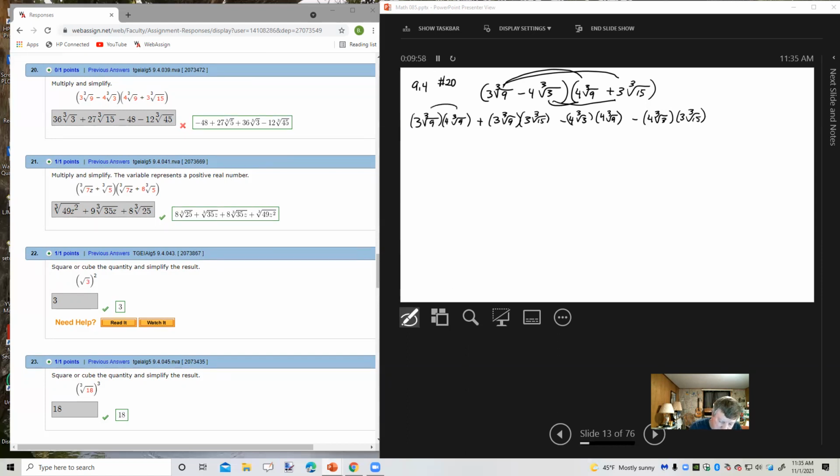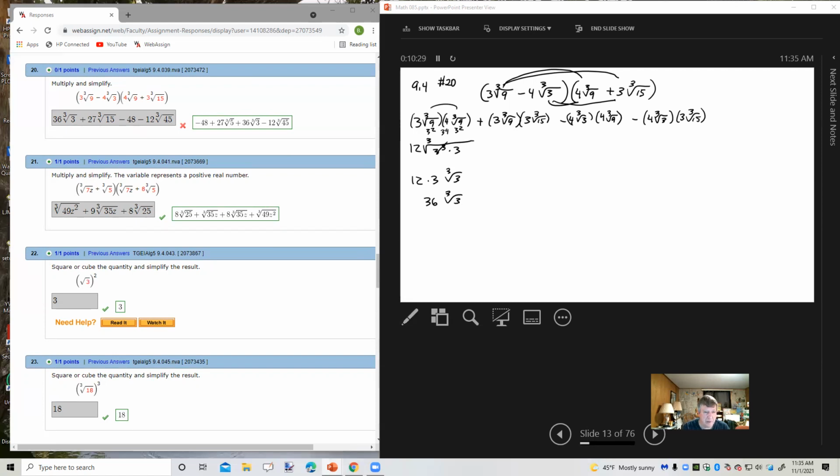So this first one, we get 12 cube roots of, and here's what I'm going to do, okay? 9 is 3 times 3, so this would be 3 squared. So that would be 3 to the 4th power, but I'm going to write it as 3 cubed times 3, okay? So now I've got 12 times the cube root of 3 cubed, and then times the cube root of 3, which is 36 cube roots of 3.